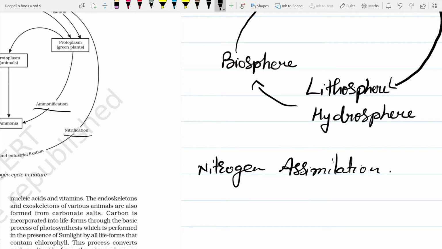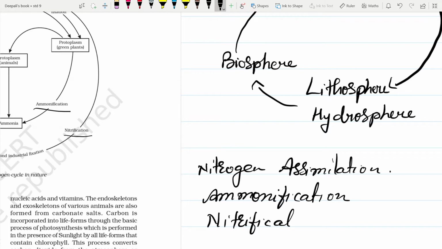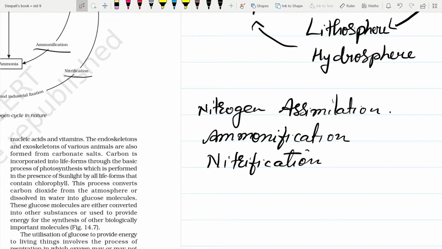Then that is converted through ammonification, nitrification, and denitrification.